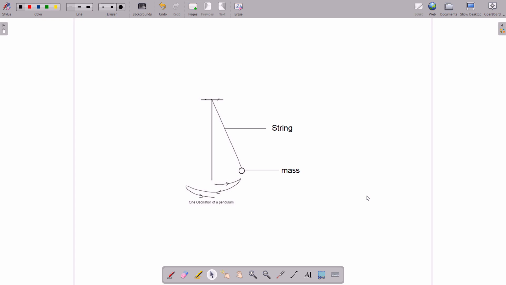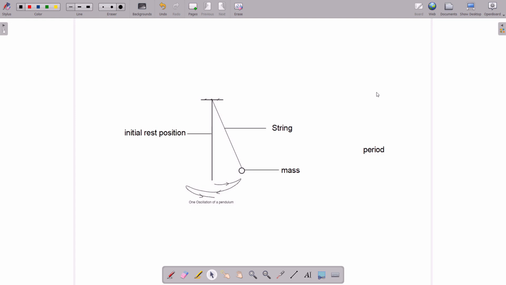From our diagram, we see what a complete oscillation is. The pendulum is moved to the right, comes back, moves through its equilibrium position or the vertical position, goes to the left, and then comes back to where it was initially resting. So as seen in the diagram, movement to the right, backwards, and back to the initial rest position gives us one complete oscillation. And the time it takes for one complete oscillation is referred to as the period.